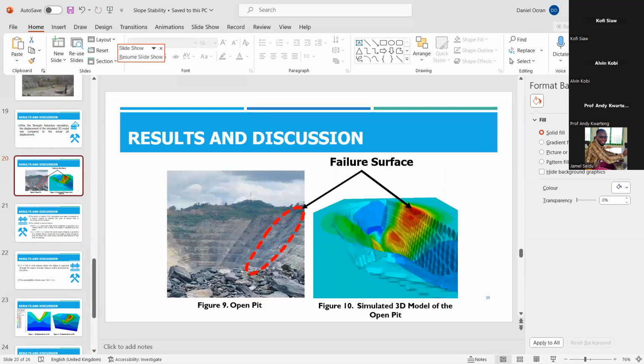So as I said earlier, as seen in the failure occurring on the actual pit slope, the failure that occurred in the pit is a circular failure. And from the simulation FLAC 3D did, we used the factor of safety that was calculated to compare with the failure criteria we have here.